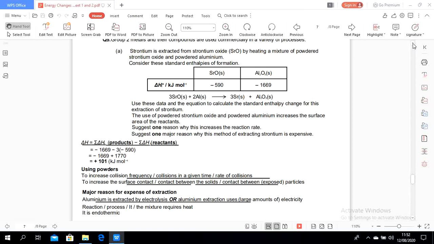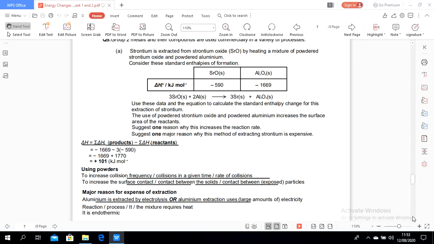In order to extract aluminium from its ore using electrolysis, the temperature has to be high, and there has to be maintenance of the electricity. Maintaining the electricity and the temperature of the reaction requires some amount of fossil fuel. Then the fossil fuel also will produce carbon dioxide, CO2. So in the end, the process is expensive.